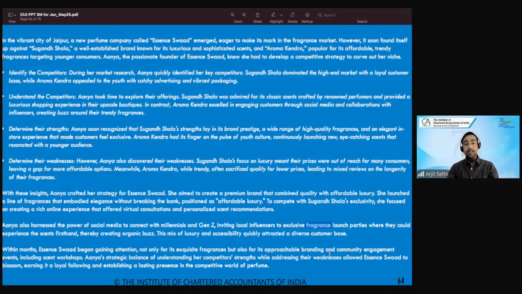Her events included scent workshops and all of that. Now, how she did the competitive strategy was she balanced the understanding of their strengths while addressing their weaknesses, which allowed her to find a gap in the market and fill that gap with her own strengths. That's how you build a competitive strategy.